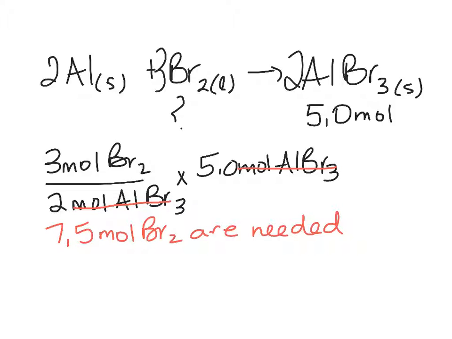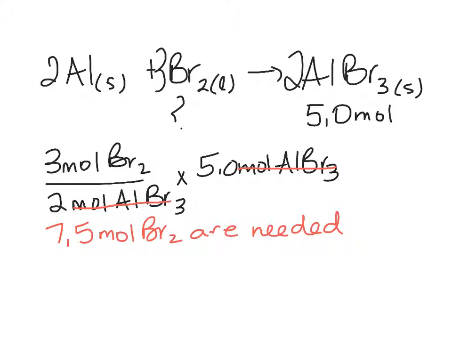How much aluminum would you need? 5 moles. It's a 2-to-2 ratio, so 1-to-1 ratio, right? 2 of these to 2 of these, so that's a 1-to-1 ratio. If you reduce it, you'd need 5 moles.